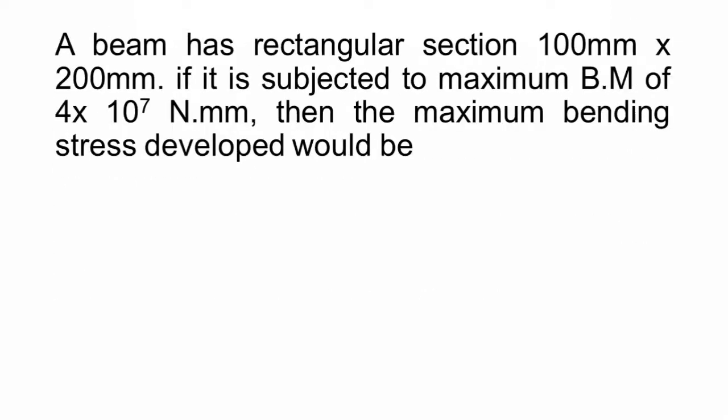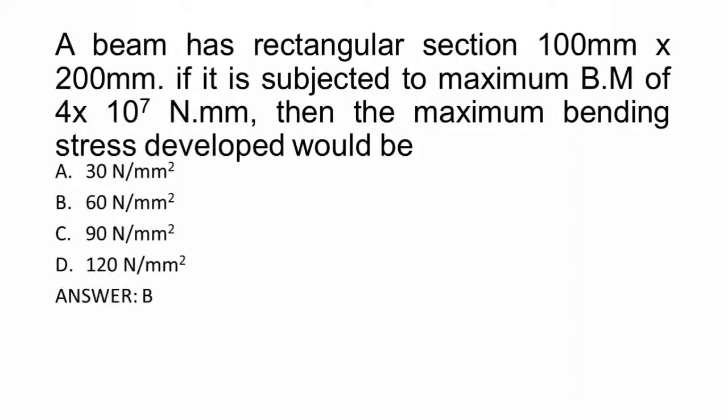Next question. A beam has rectangular section 100 mm by 200 mm. If it is subjected to maximum bending moment of 4 into 10 raised to 7 Newton mm, then maximum bending stress developed would be. So here you need to use the bending stress formula.